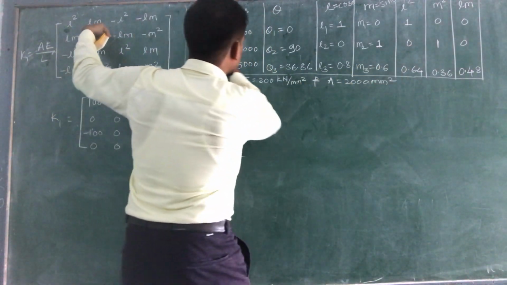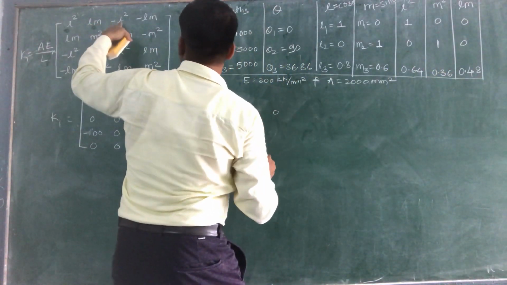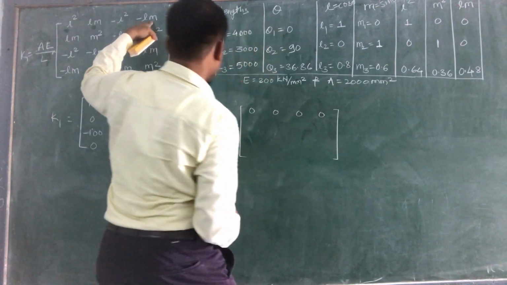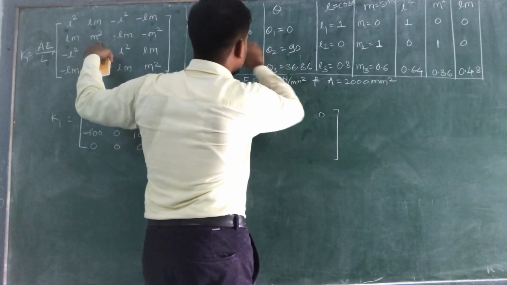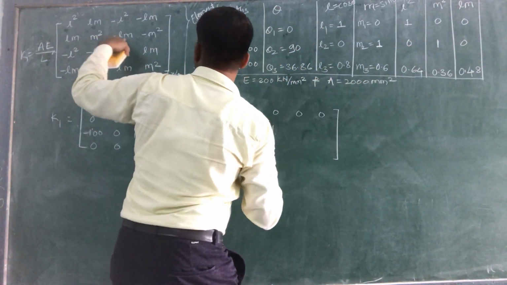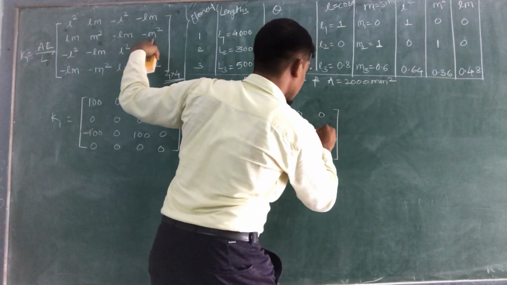Lm is also 0. Then L square is 0, Lm is 0. Then Lm is 0, and M square, for the second element, is 1. Lm is 0, minus M square is minus 1.